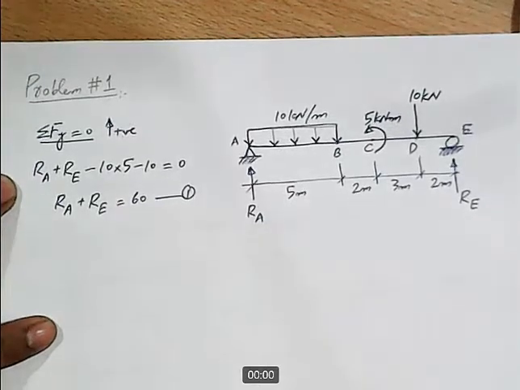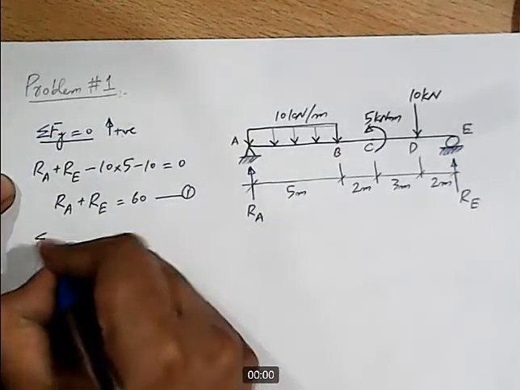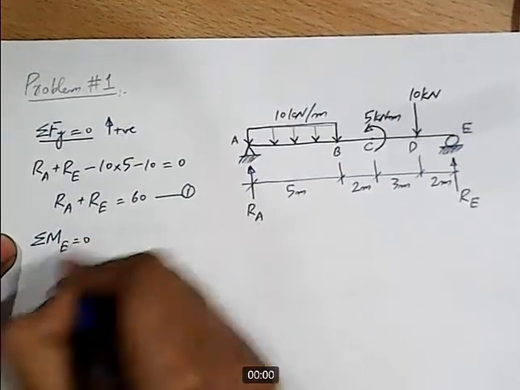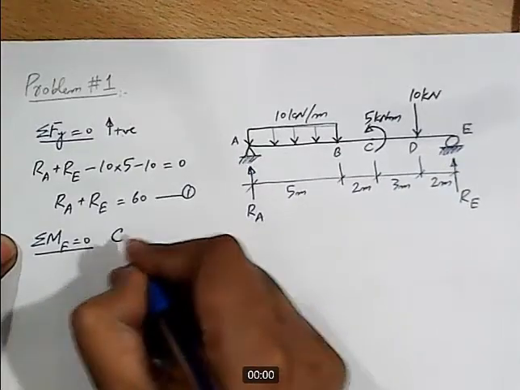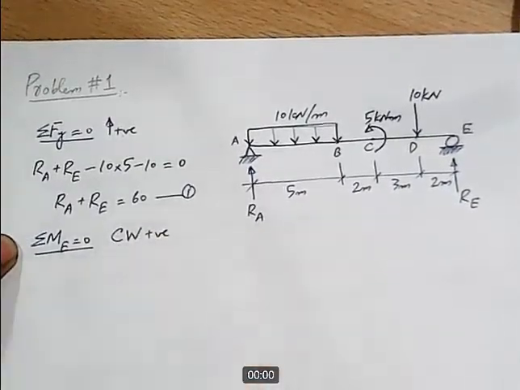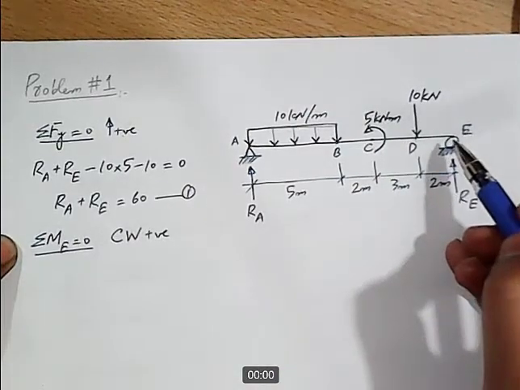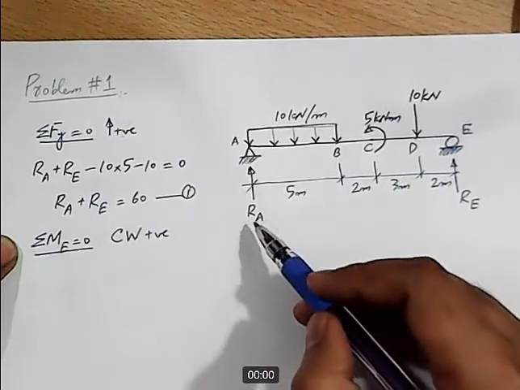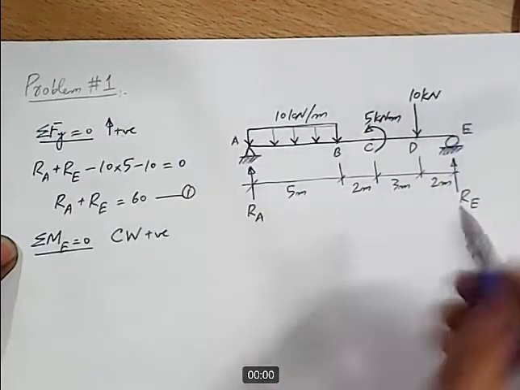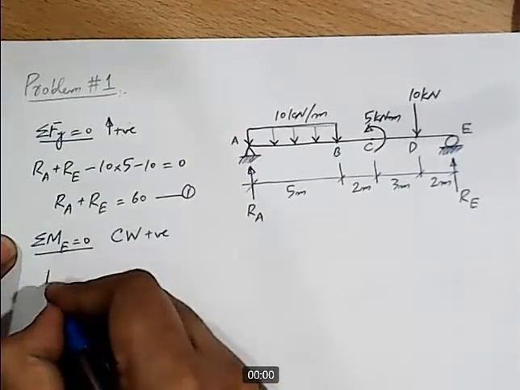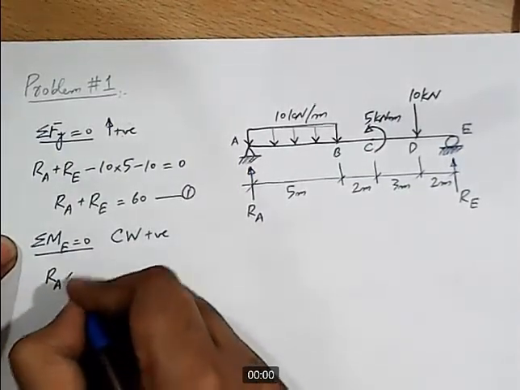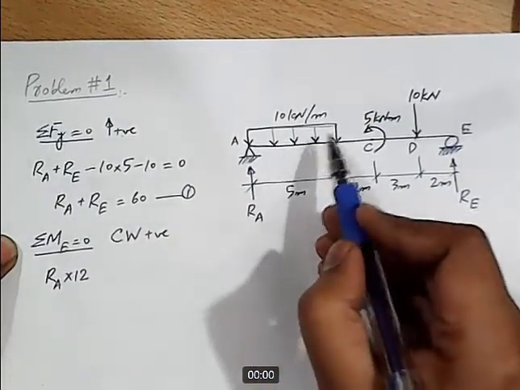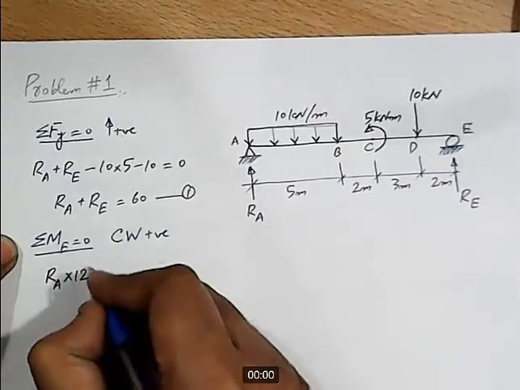Then we apply sigma ME equal to 0, and our convention is to take clockwise moment as positive. So we are taking the sum of moments about point E. Let's start from point A. RA acts upward and produces clockwise moment about point E, so RA into the lever arm, that is 12, is positive. The UDL produces counterclockwise moment, so it will be negative.